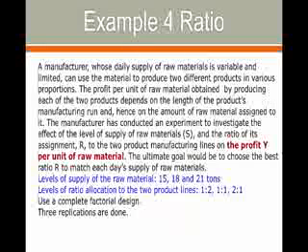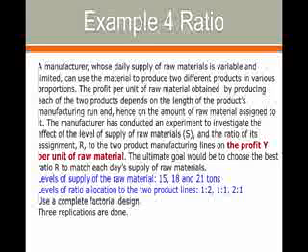A last example that will be presented here, and it will be for you to do in more detail, is a manufacturer whose daily supply of raw materials is variable and limited can use the material to produce two different products in various proportions. The profit per unit of raw material obtained by producing each of the two products depends on the length of the product's manufacturing run and hence on the amount of raw material assigned to it.